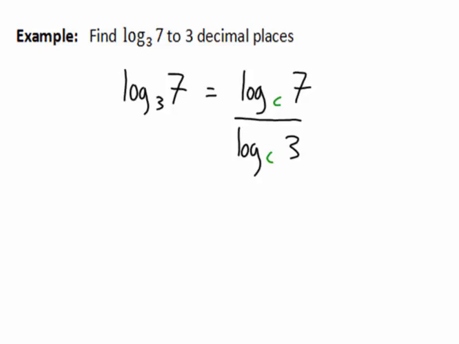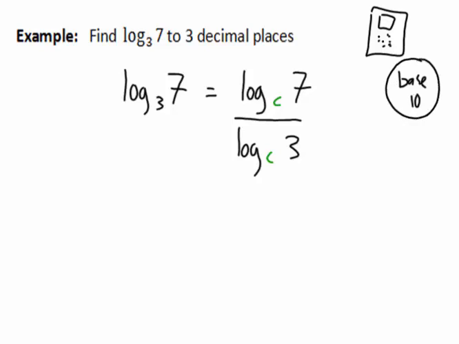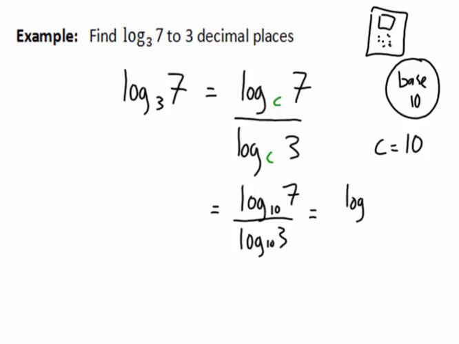Now, if we want to put this into our calculator, the calculator only works in base 10. So what we do is change our c value to base 10. In that case, this becomes log base 10 of 7 over log base 10 of 3. And remember, we can write log base 10 as just log, and we get log 7 over log 3.